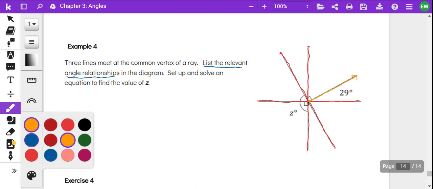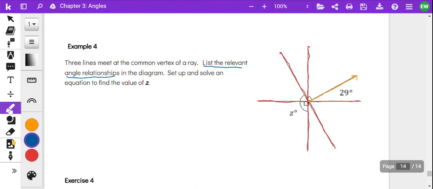Knowing that we have 3 lines meeting also indicates we have 3 sets of vertical angles. Okay, so I know that this right angle right here, also we have a right angle right there. Okay, and then this guy is vertical to this guy right across. I'm going to use 3 lines for this one.